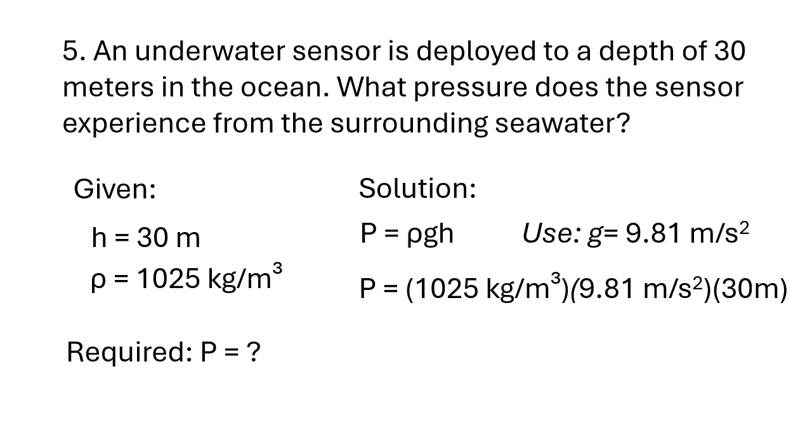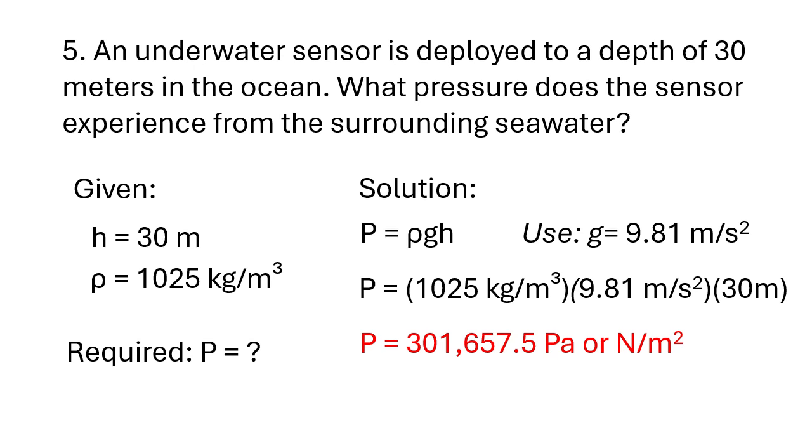Substituting all the given information, density is 1,025 kilograms per meter cube, gravity is 9.81 meters per second squared, and our height is at 30 meters. Multiplying everything, we get 301,657.5 pascals or Newton per meter squared.